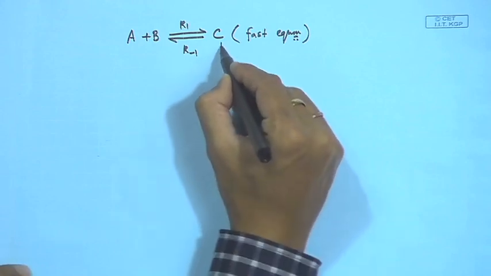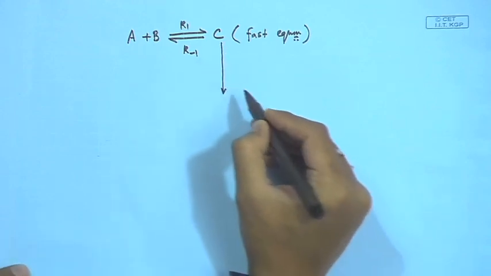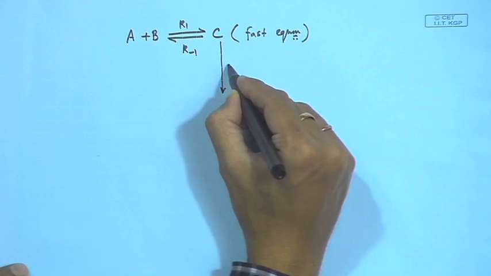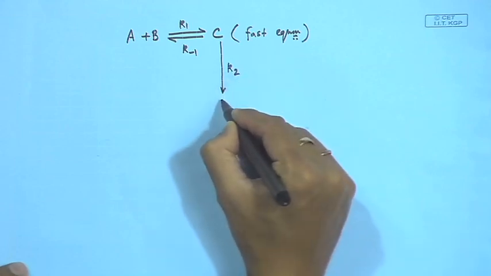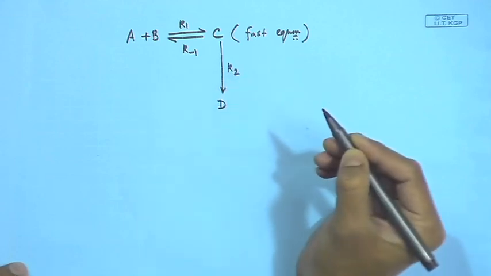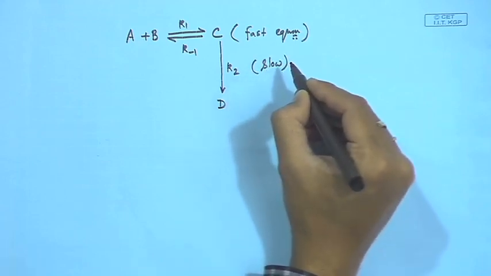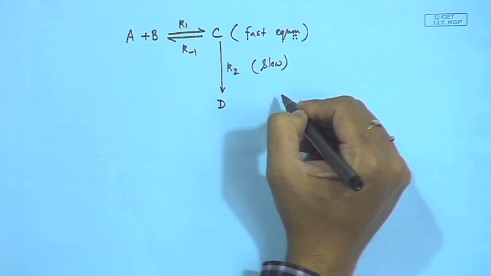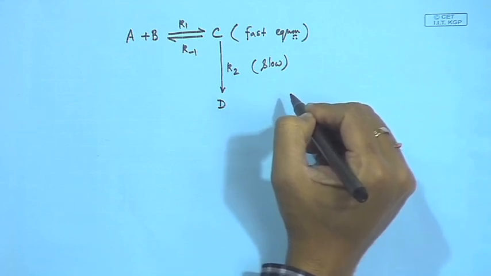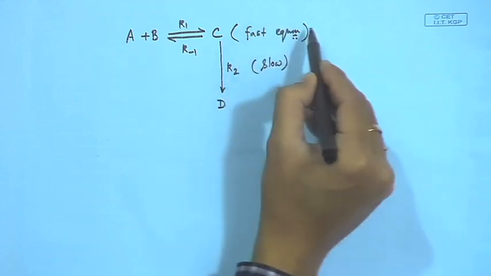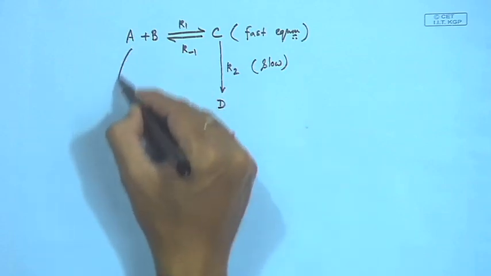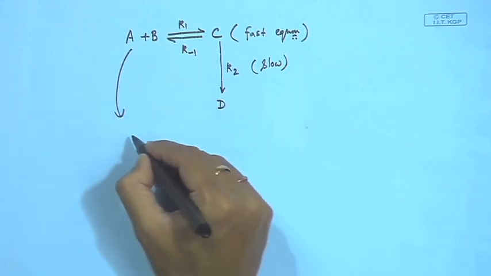Then the C undergoes a further reaction with K2 producing D, and this is the slowest step.